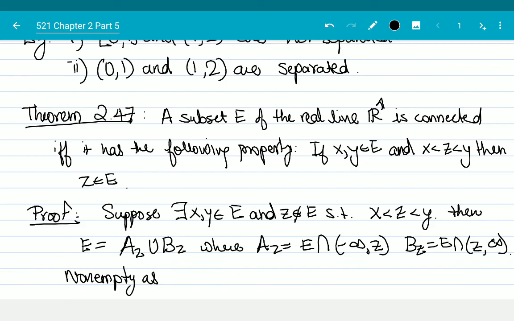as x belongs to AZ, y belongs to BZ, and it is clear that they are separated.